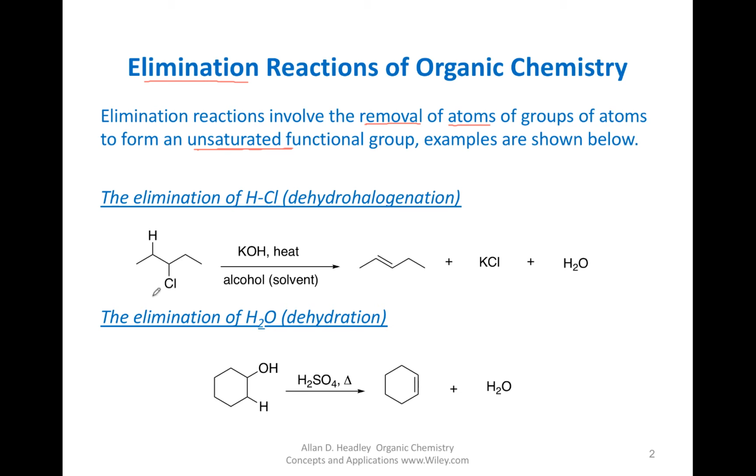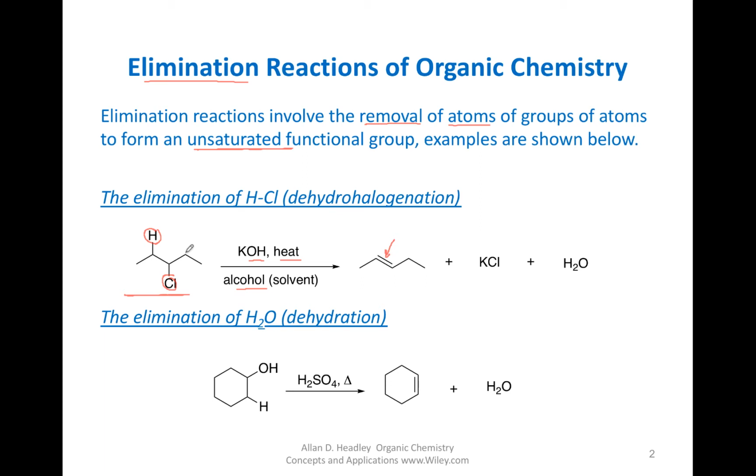So here we have an organic reactant, and this time it's a chloride. In the presence of a base, notice KOH, heat, and a solvent. Typically the solvent is an alcohol. This set of conditions will give elimination, and as you can see here, we have Cl and H. Those are the groups that are being eliminated to form the unsaturated double bond right here.